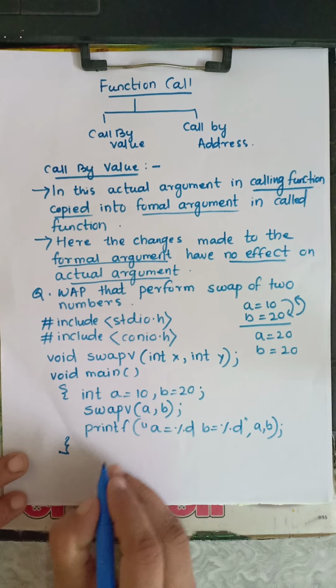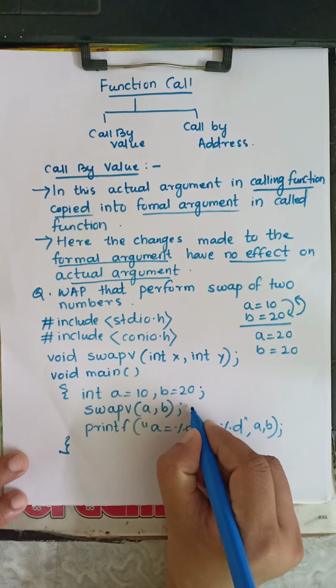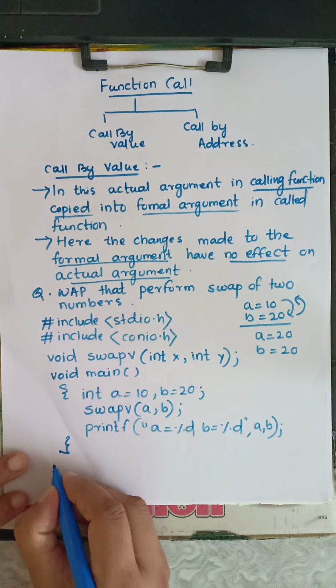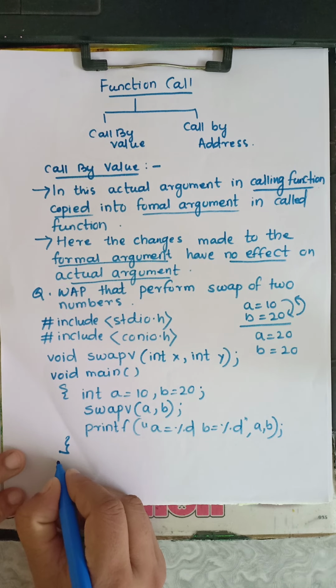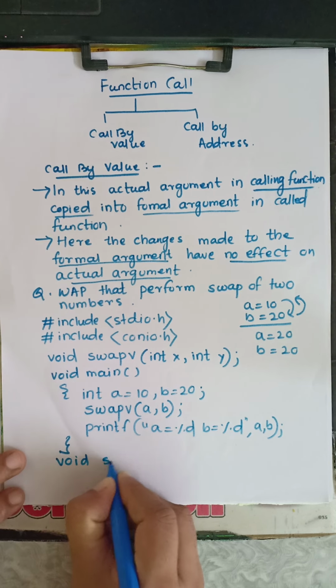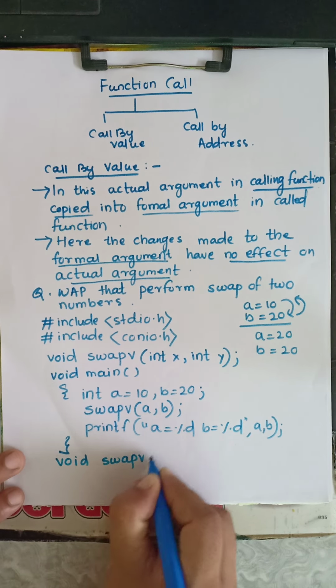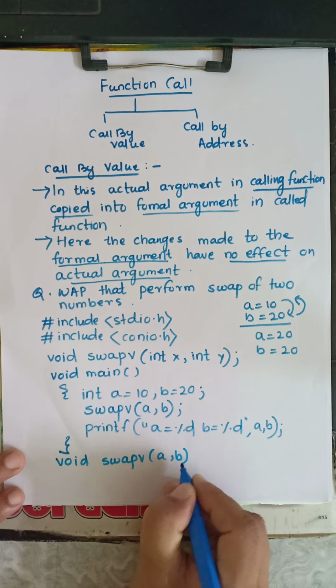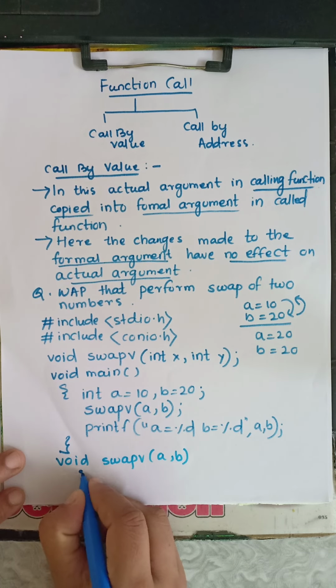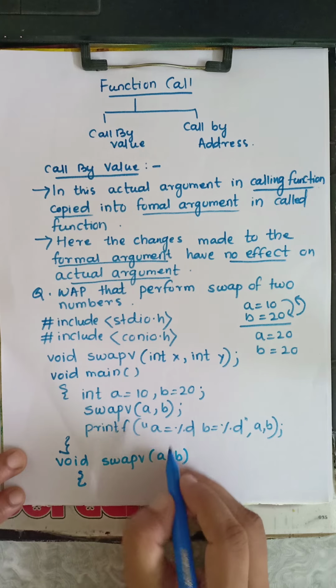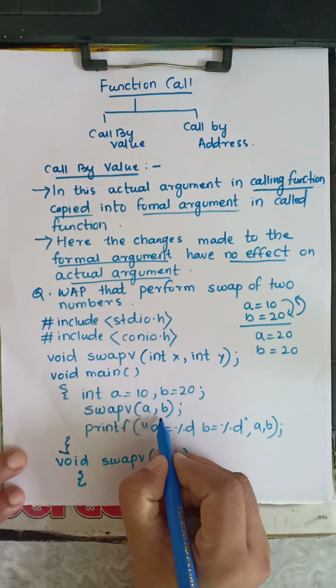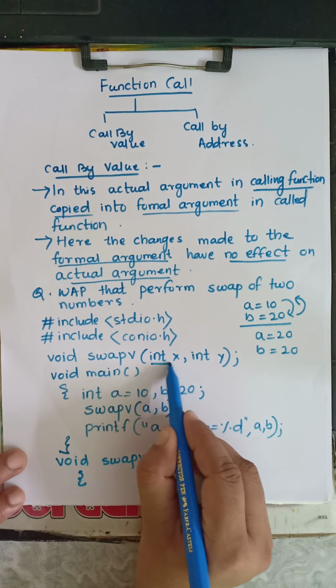So this is my calling function. Next I write the definition of the function: void swap_v. In the calling function I write a, b, but here what do I write?